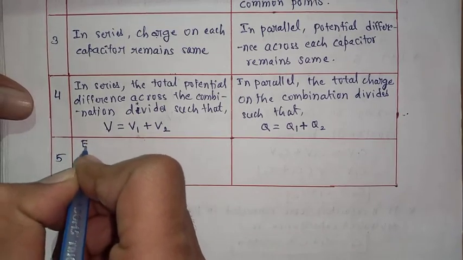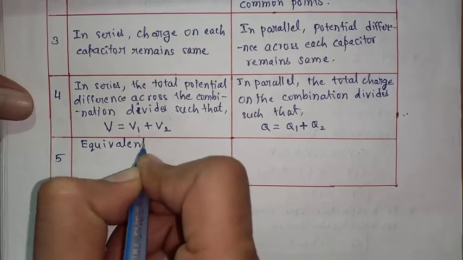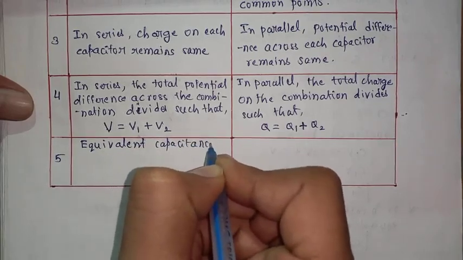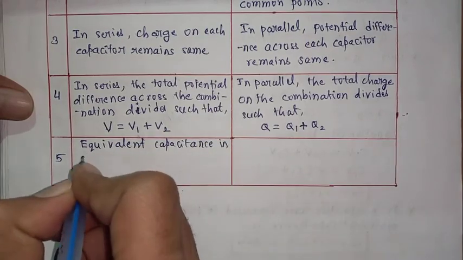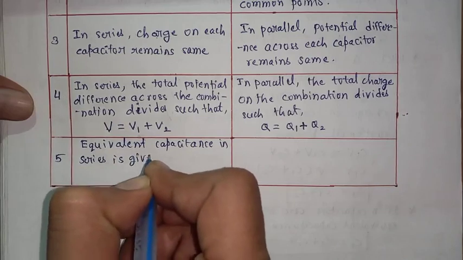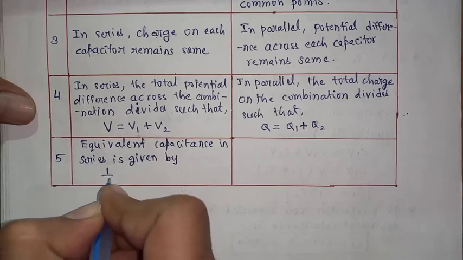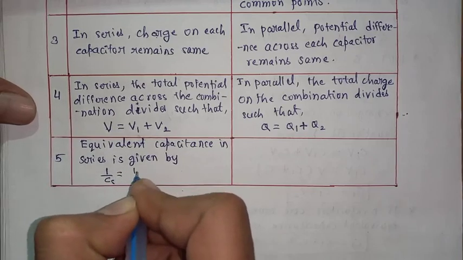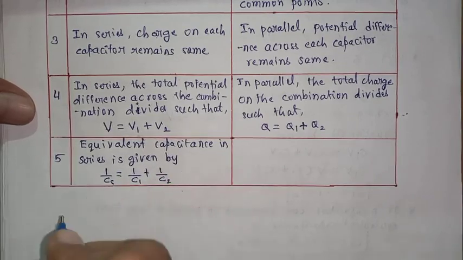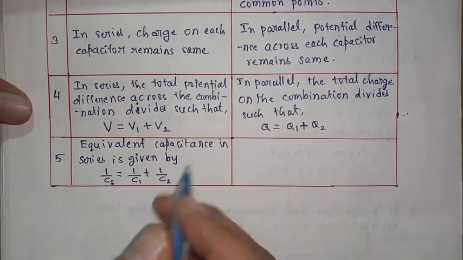Equivalent capacitance in series is given by the formula 1 by Cs is equal to 1 by C1 plus 1 by C2. This is the general formula for equivalent capacitance of two capacitors.